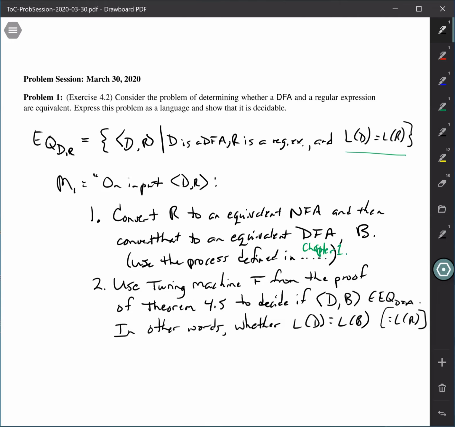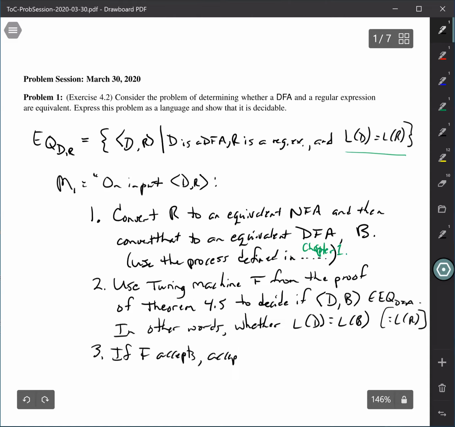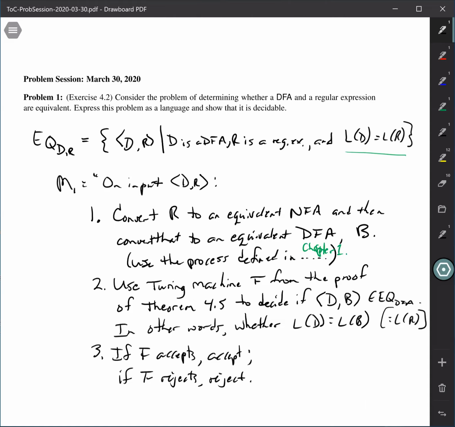And then as the last step, we just say... and you'll see if you go back through section 5.1 that a lot of their algorithms, their proofs, end up turning this into a problem on a different language where the answer is exactly the same, right?